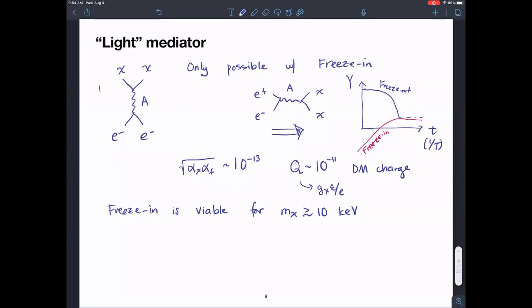It comes from, say, warm dark matter constraints. Also, there are various stellar cooling constraints again. If you have the typical star, the core temperature might be as high as 10 keV, and you can directly produce the dark matter, it'll escape, it'll cool the star.